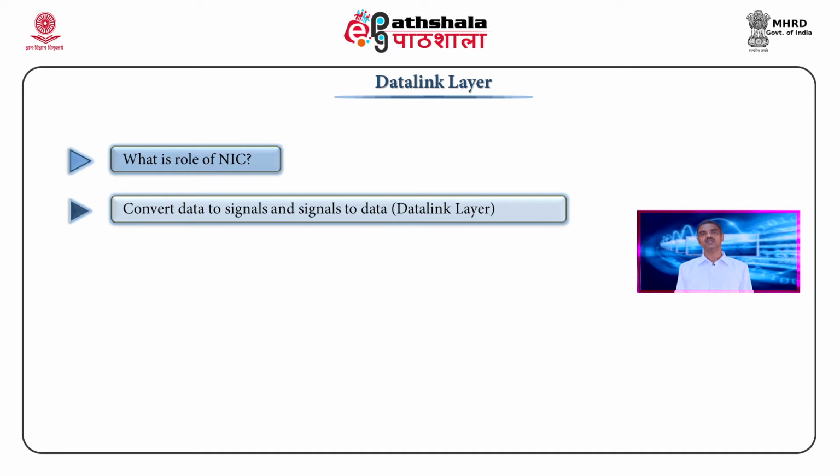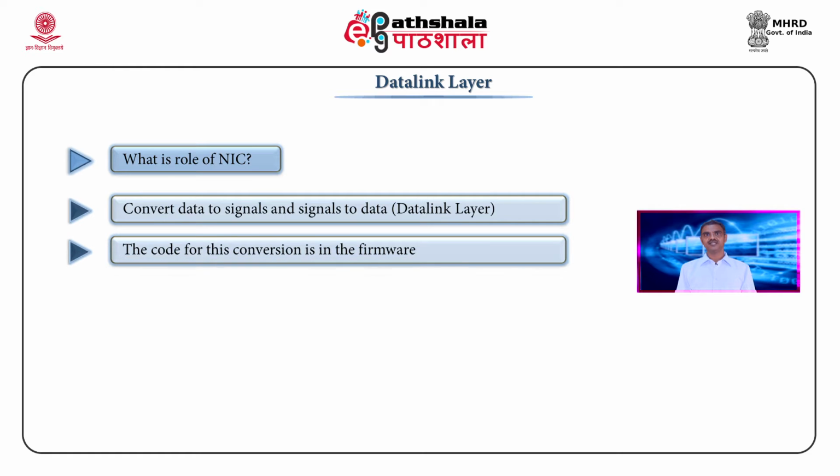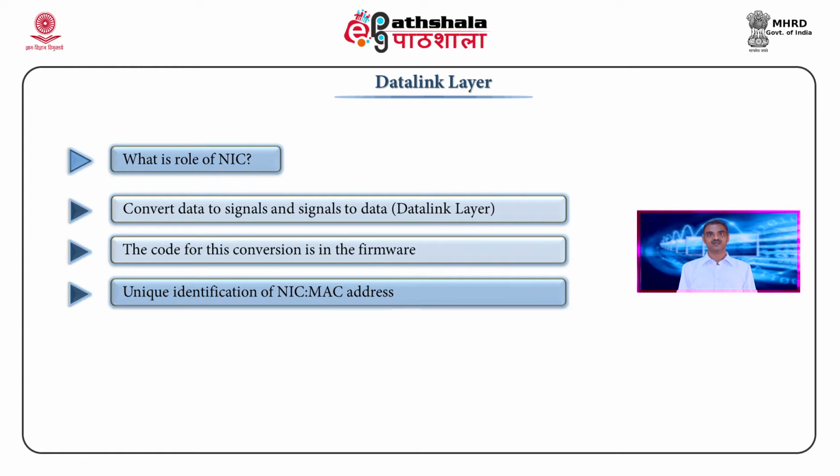Another important thing in any communication is that we always need identification of the communicating entities. Here, the entities at the data link layer are the network interface cards, so each such entity needs a unique identification.